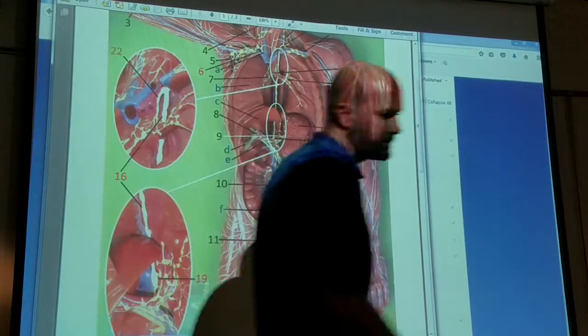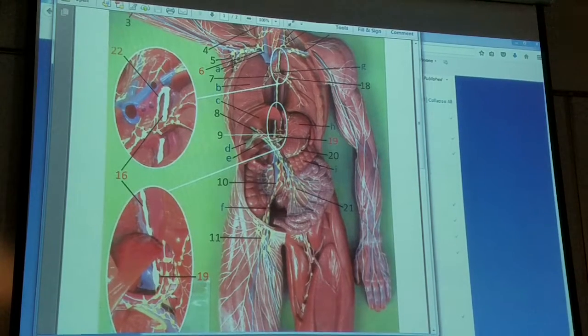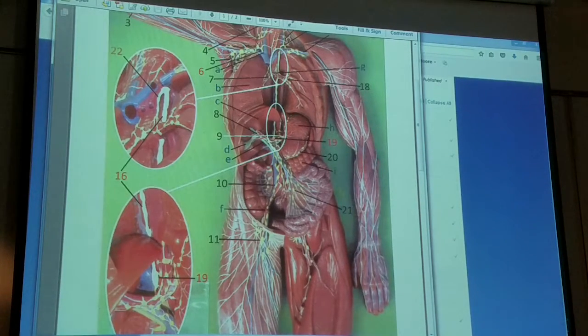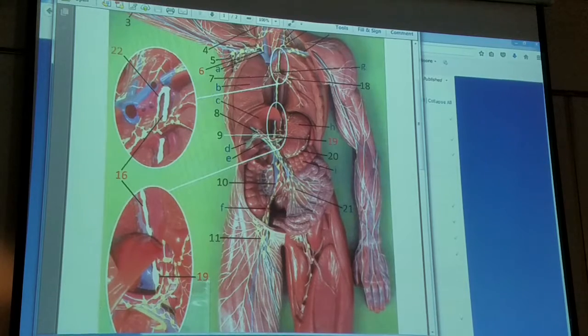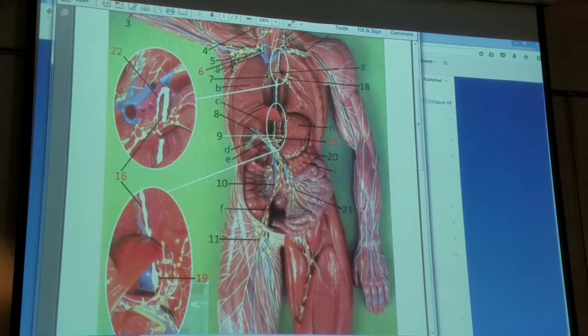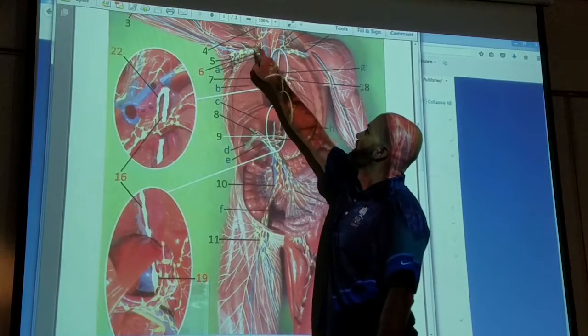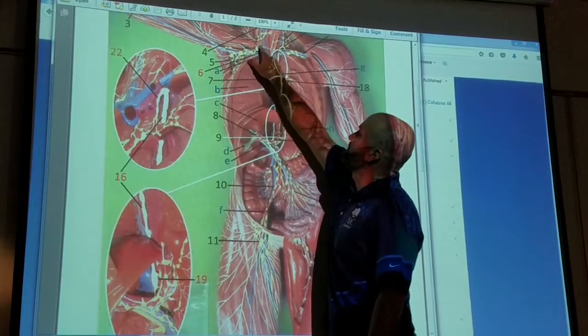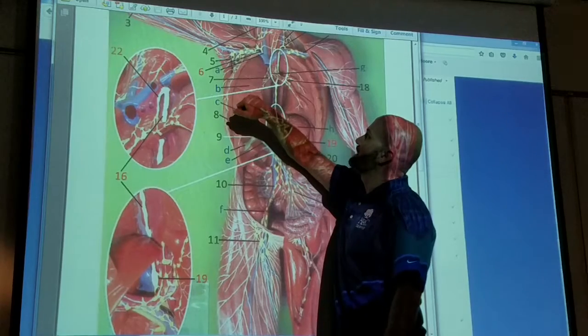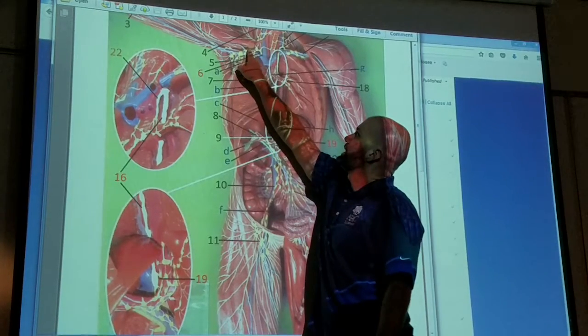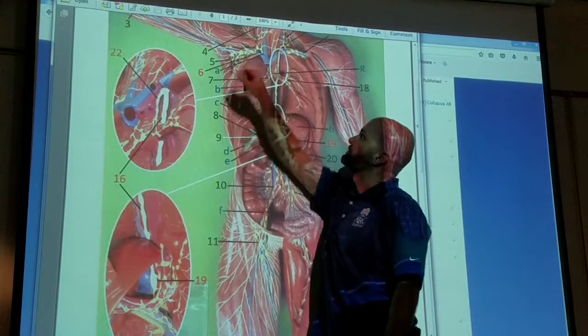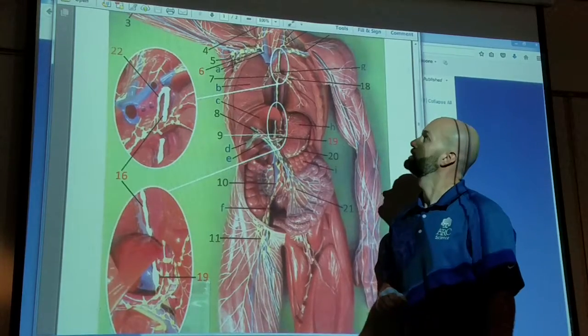And just to make sure, there's jugular, subclavian, there's bronchomediastinal. So this one coming over, it's coming from the airway over the vessels. That's right bronchomediastinal. This one right here is?